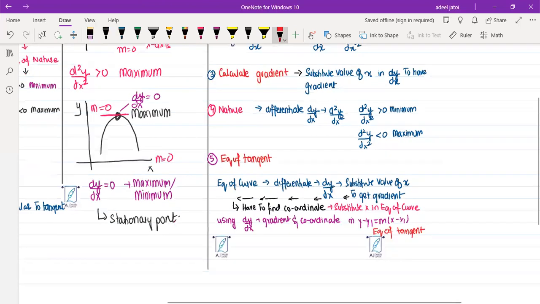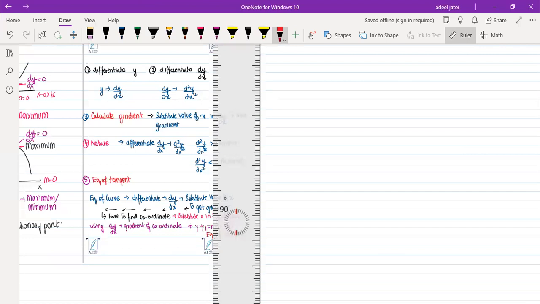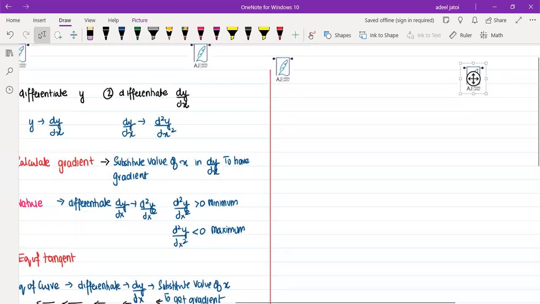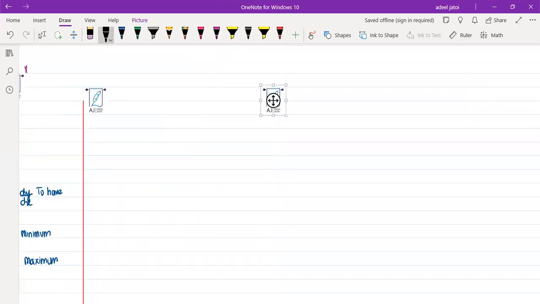Then the examiner can always ask you to find the equation of normal. To find the equation of normal, the process of differentiation will be the same.